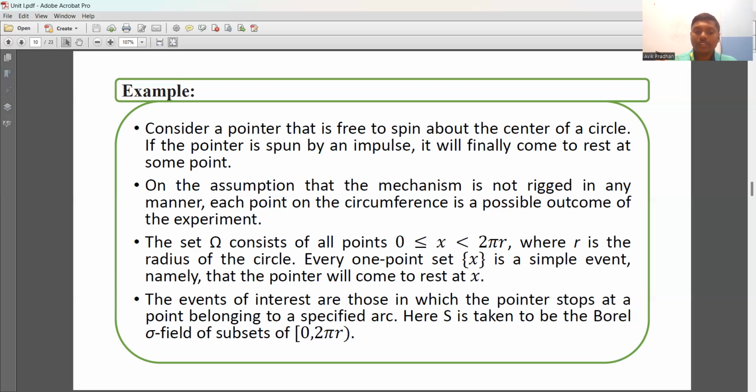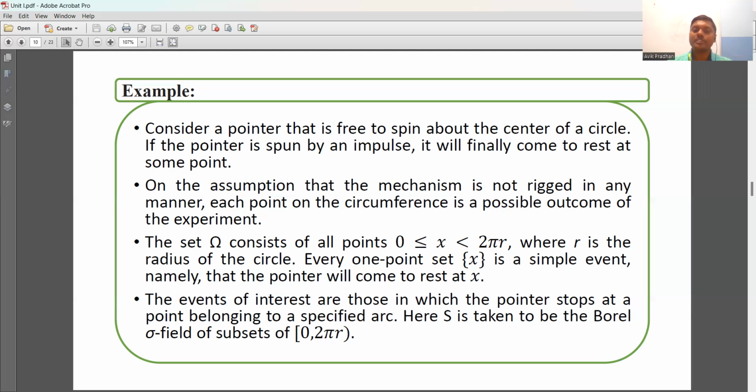So here S is taken as the Borel sigma field of subsets of 0 to 2 pi r. So it's an interval, and in this case it is infinite, which means it's an uncountable set. So this set is different from the sets of all possible outcomes of the last two examples.